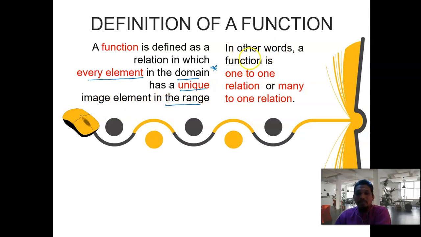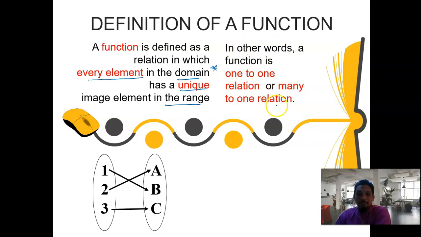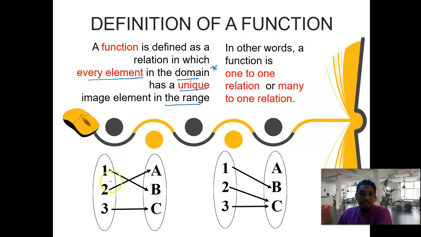So, in other words, a function is a one-to-one relation or many-to-one relation. So then, for example, this is a one-to-one relation. Every element in x is mapped to an element in the group of y. And also here is either one-to-one or many-to-one.